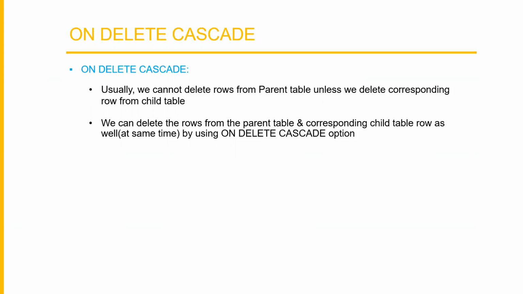So that becomes ambiguity now, right? So for that, actually that will not even be allowed. If you directly start deleting the parent table rows, you can't delete it. You'll get a constraint error saying that you can't delete the parent table rows unless and until you delete all the rows which are referenced by the child tables.